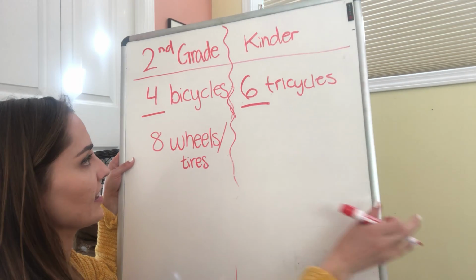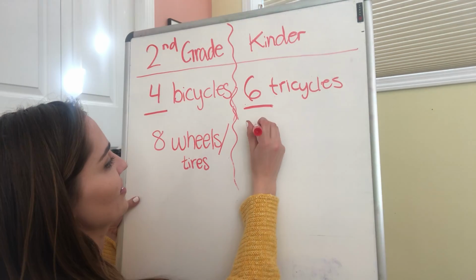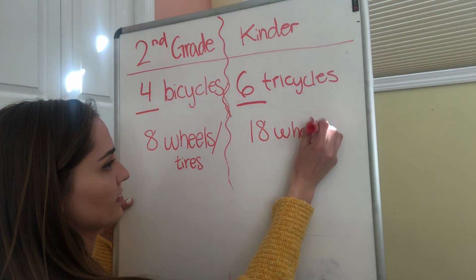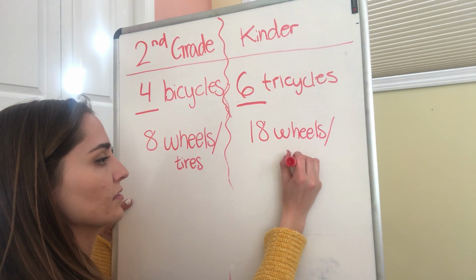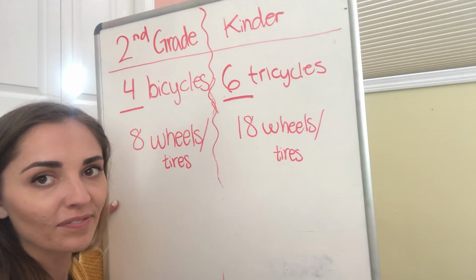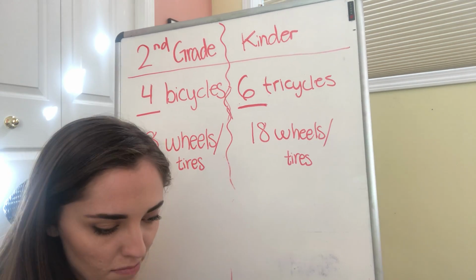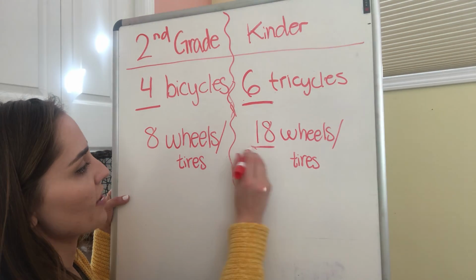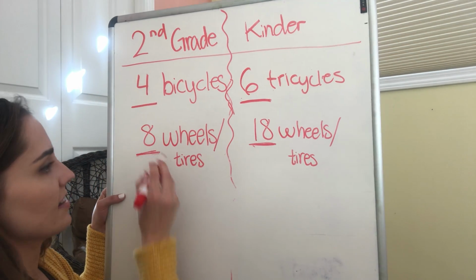And over here, we had 18 wheels or tires. Okay, so it's asking how many more tricycle tires than bicycle tires. So how many more are here than here?